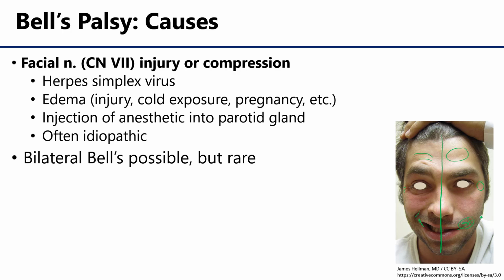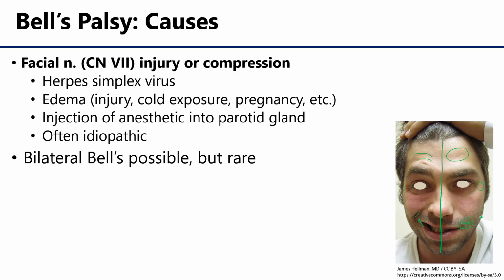So generally, there are very many things on the list of the differential diagnoses for what can happen to the facial nerve. So an infection by the herpes simplex virus can knock out function of the facial nerve. Any sort of swelling, be it from injury or cold exposure, hormonal fluctuations as they impact the vasculature from pregnancy, etc., can be problematic.